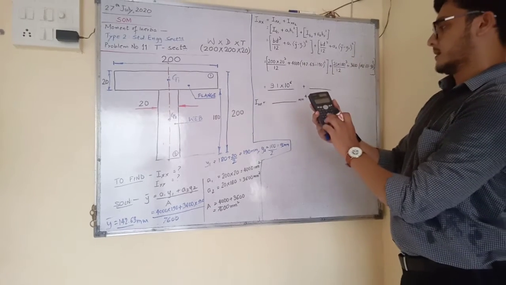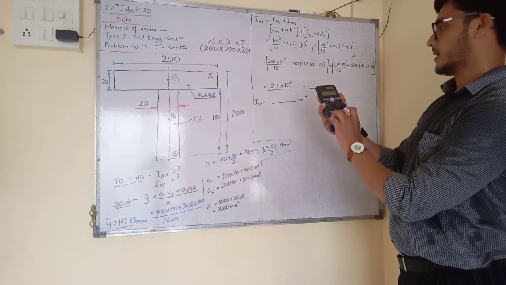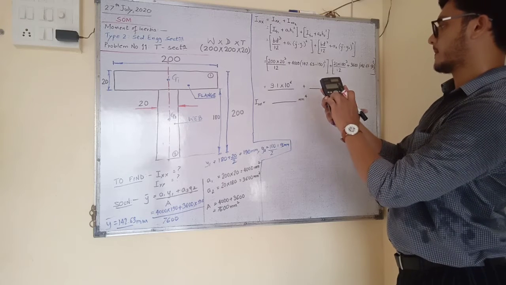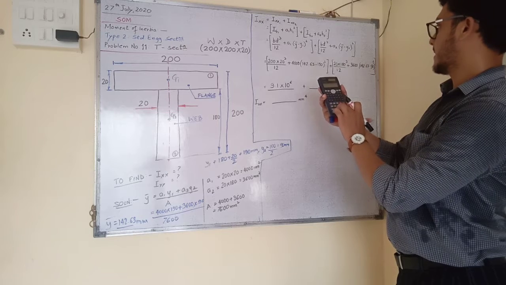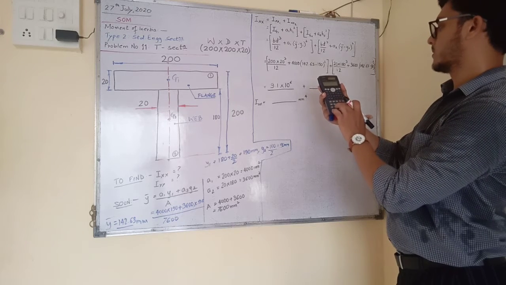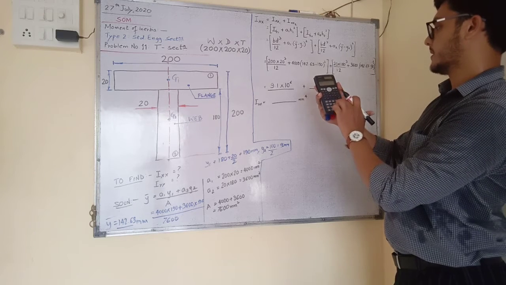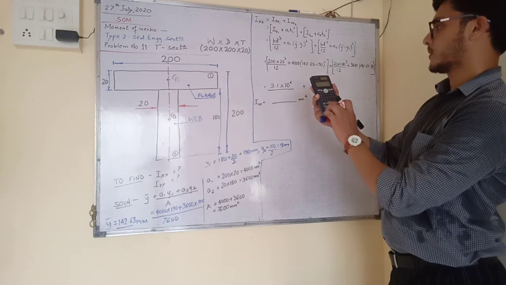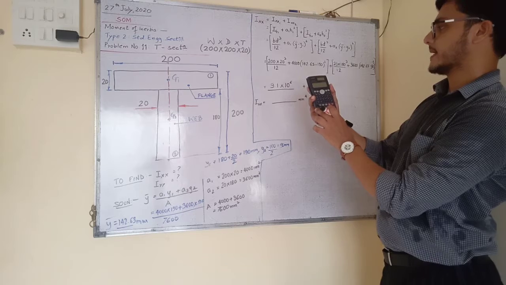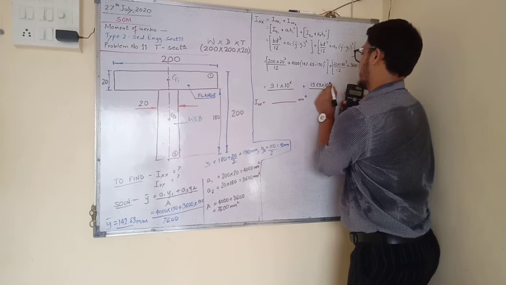Next, open double bracket, 20 into 180 cube divided by 12 plus 3600 into 142.63 minus 90, the whole square. So this I got 19.69 into 10 raised to 6.